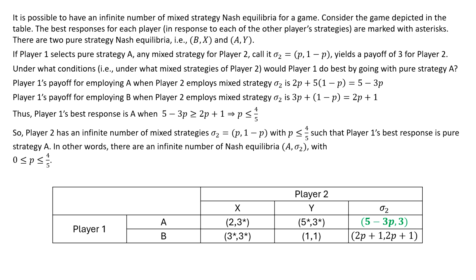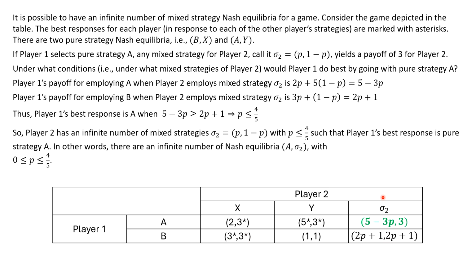In this slide, I want to show the possibility of having an infinite number of Nash equilibria, and I'll make use of this game here at the bottom to show that. We have two players. They each have two pure strategies. These are the payoffs. And if you do the Nash equilibrium analysis, you see that Bx and Ay, so this cell here and this cell here, are both Nash equilibria.